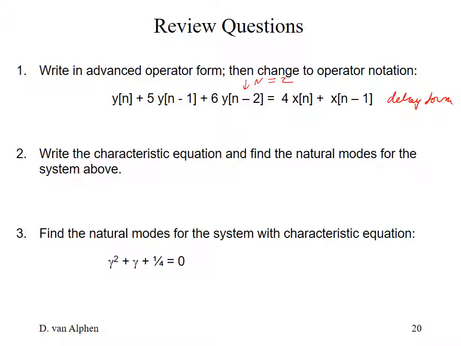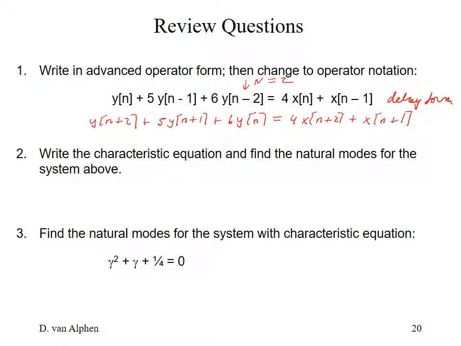So I'm going to add 2 everywhere: y of n plus 2, plus 5y of n plus 1, plus 6y of n equals 4x of n plus 2, plus x of n plus 1.